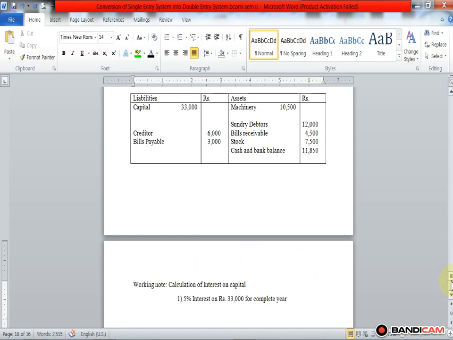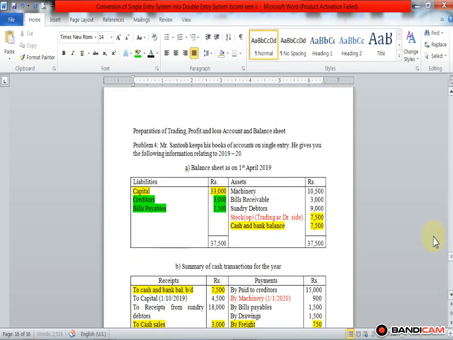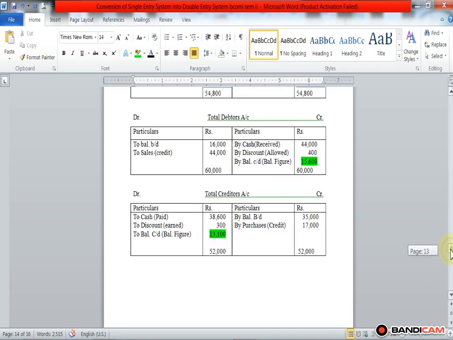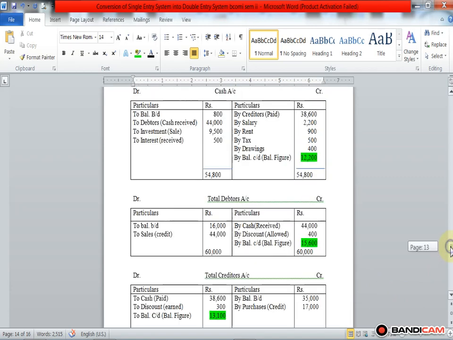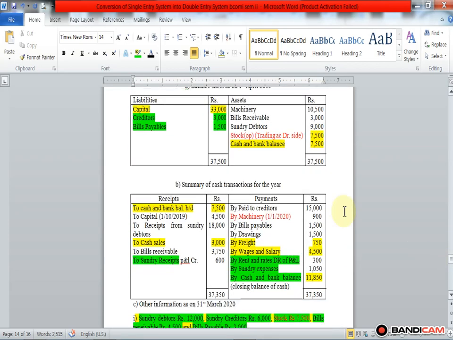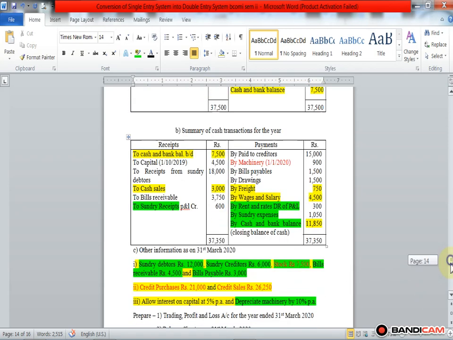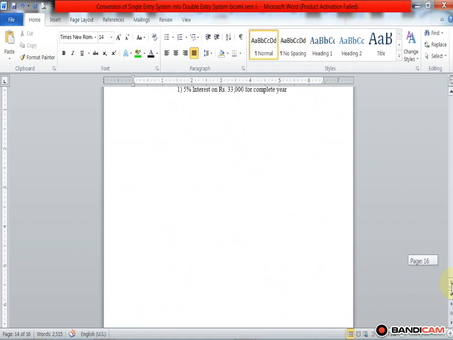It means the capital, see here in the opening statement of affairs, 1st April 2019, the capital is used for 1 year, so interest is given on that capital at 5% for the full year. And additional capital was introduced by Mr. Santosh on 10th October 2019.